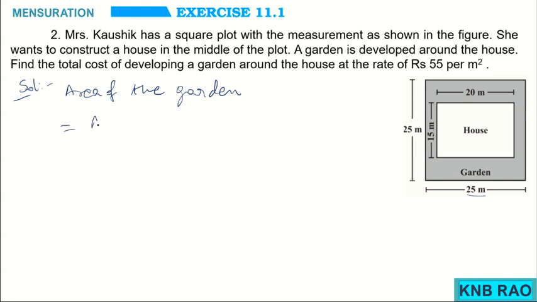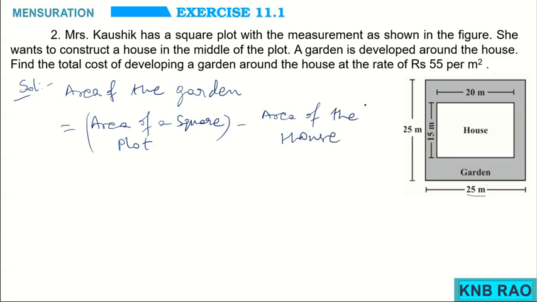is equal to area of the square plot minus area of the house. Since the square plot area will be side square, here the side is 25 meter, so 25 square will be the area of the square plot, and the house is of the shape rectangle.